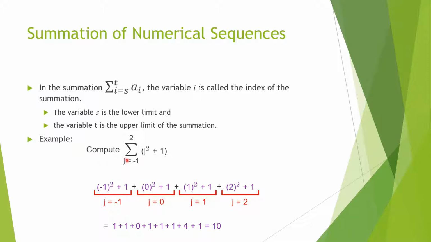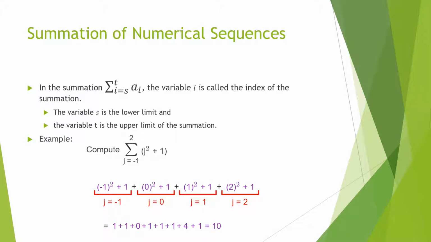As an example, if you want to calculate this summation, j from -1 to 2, of j squared plus 1, what you need to do is to first replace j by -1, then you replace j by 0, j by 1, and j by 2, and this way you can calculate the 4 terms of the sequence j squared plus 1 that are participating in this summation.